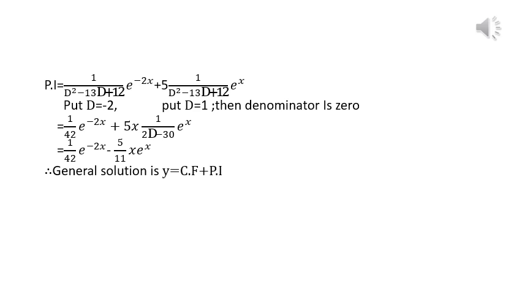Now you should write the equivalent formula: 1 divided by the derivative of D² − 13D + 12, differentiated term by term. Differentiating D² gives 2D, differentiating −13D gives −13, and differentiating the constant term gives 0.